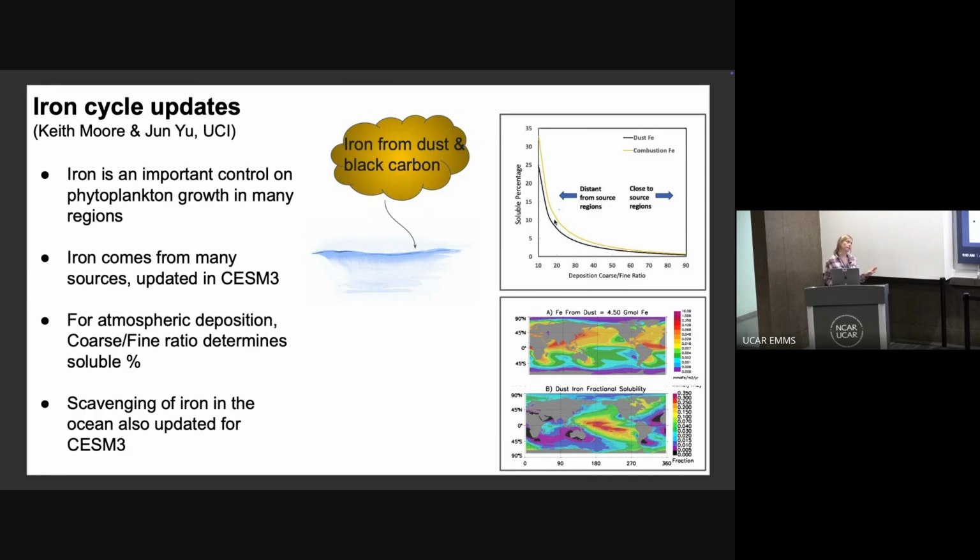But as you get more distant from the source regions, a lot of that coarse dust settles out, and you get a lower coarse to fine ratio, and much more of that is soluble. So somewhere like the equatorial Pacific right there, which is distant from many sources, has a higher solubility.